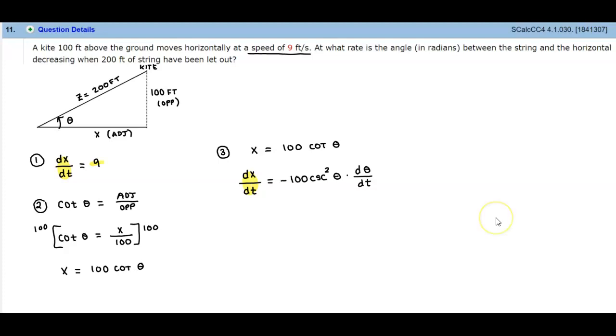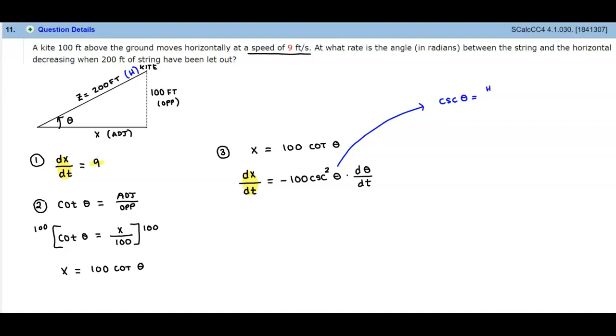And now we need to find the cosecant of theta. Well, the cosecant of theta is going to be the hypotenuse over the opposite.